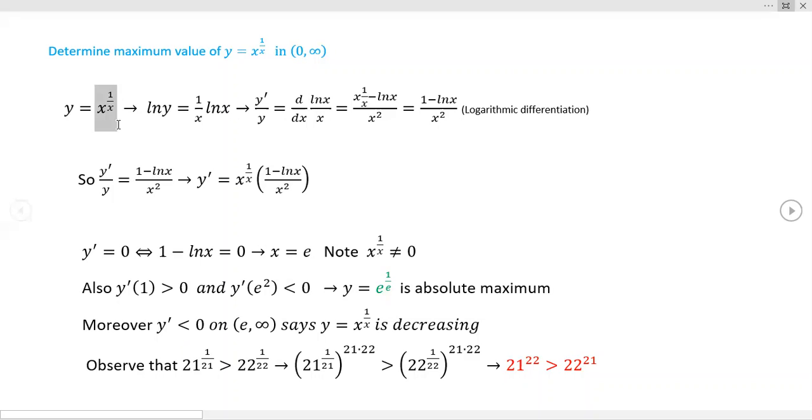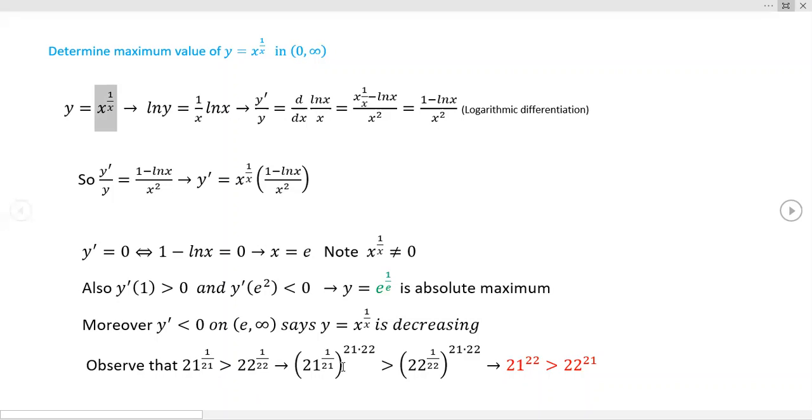Again, this form are these two guys right here for 21 and 22. But notice, because the graph is decreasing, this term right here has to be larger than this term. As you move to the right, everything is getting smaller. So even though this is a higher base, this is still the larger number.